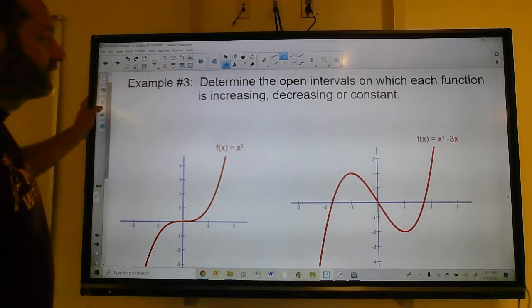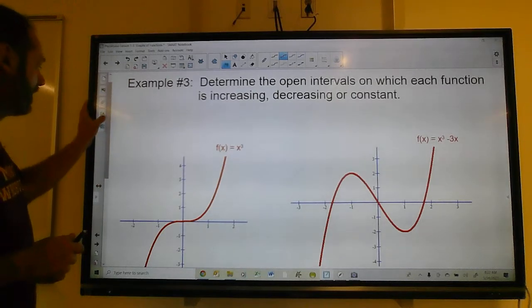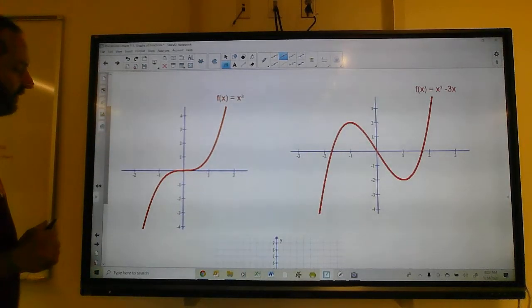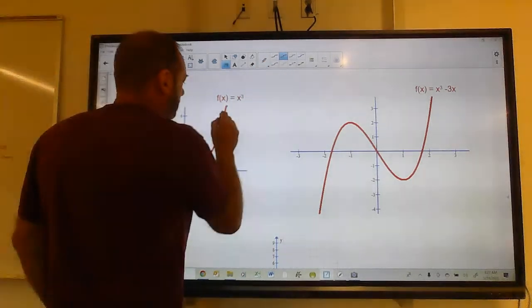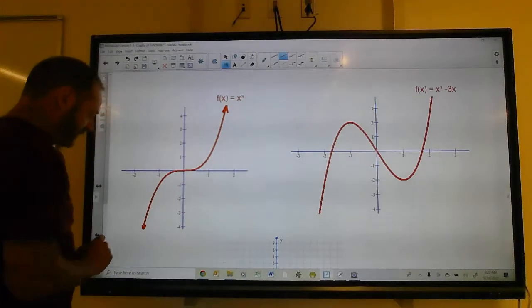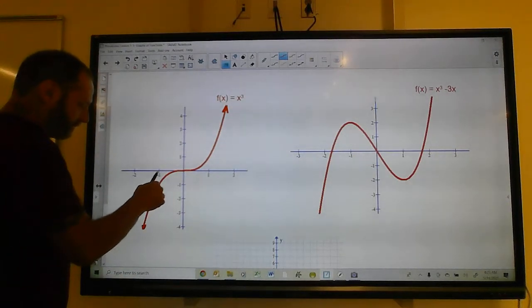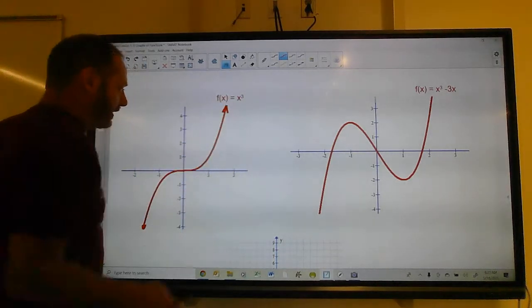Okay, determine the open intervals upon which each function is increasing, decreasing, or constant. All right, so let's look at this f of x equals x cubed right here. What is the interval on which it is increasing, decreasing, or constant? So it actually looks like this. Okay, so what's happening? Well, this is getting bigger and bigger, and then it kind of slows down, it evens off, and then it starts getting bigger and bigger again.